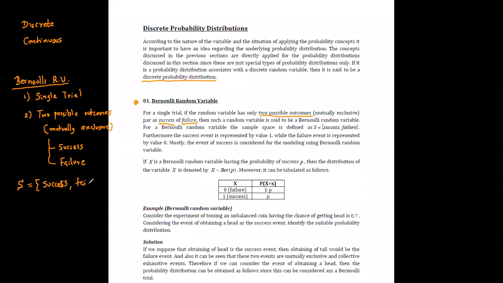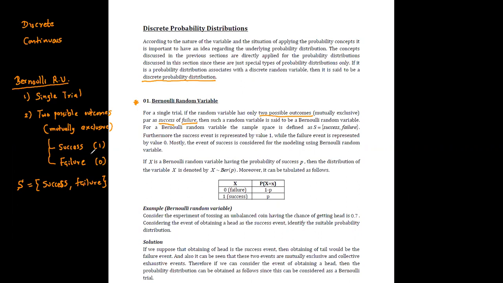It is because these are the two possible outcomes that we can see inside the Bernoulli random variable. That is why we define the sample space for the Bernoulli random variable as success and failure. Sometimes, apart from success and failure, we tend to use success as 1 and failure as 0, or vice versa.